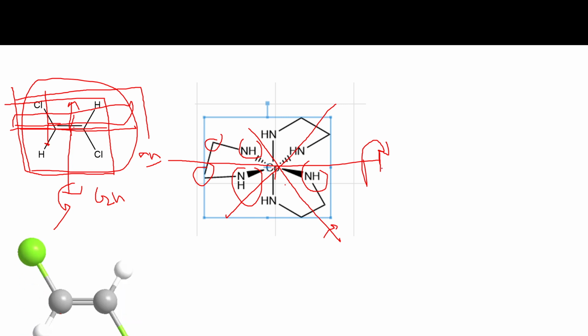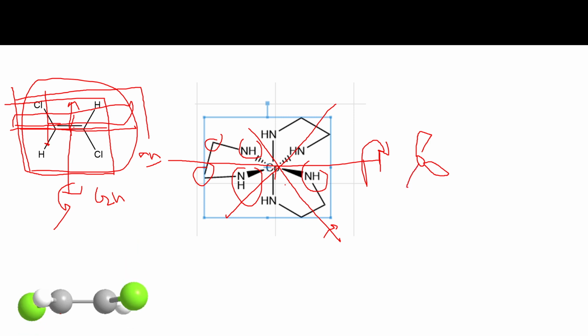If you consider this a pair, this one term, and this another, and your principal axis is like this, and you rotate by 120 degrees around the z direction, all of these replace each other.